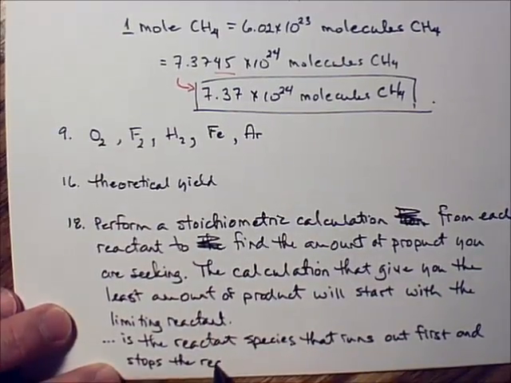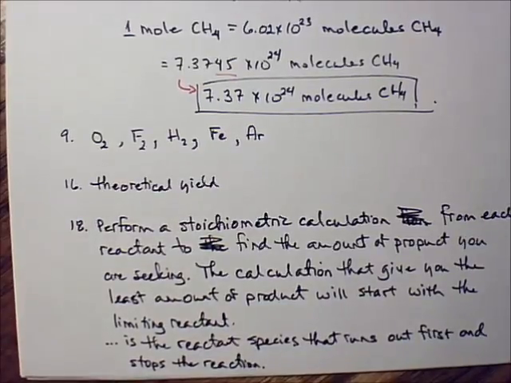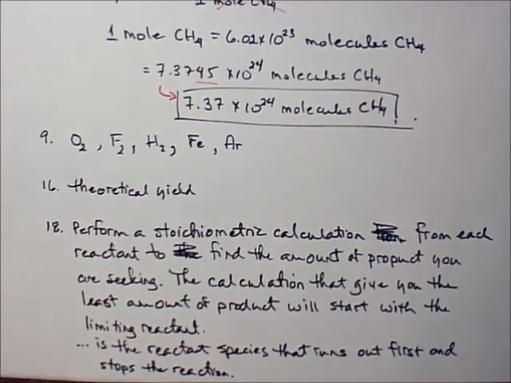Now you may have your answer written a little bit differently, but that's okay. I think the text has it a little bit differently than that, but this means the same thing.